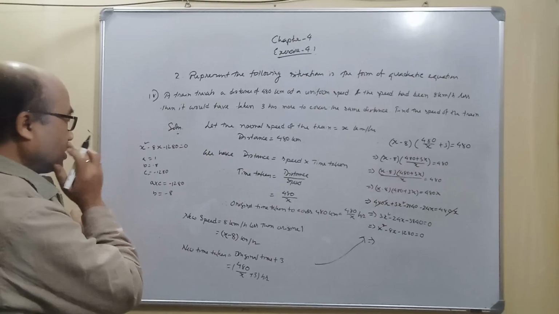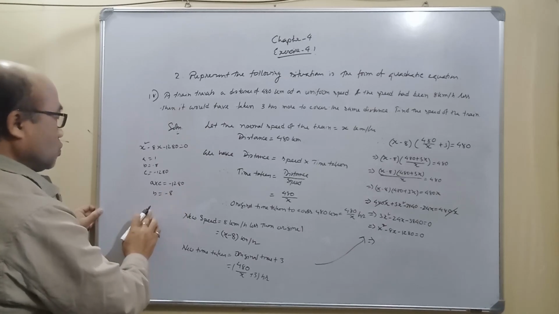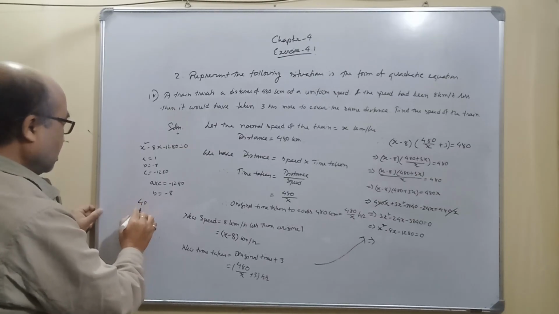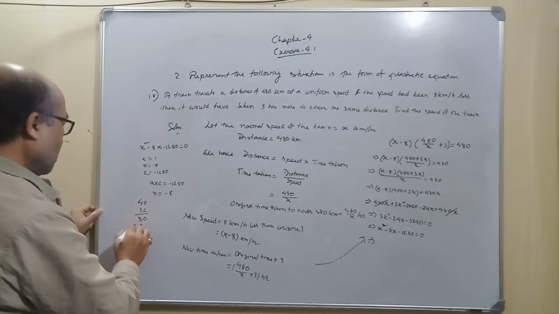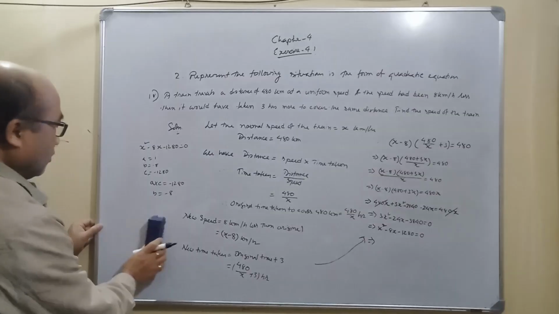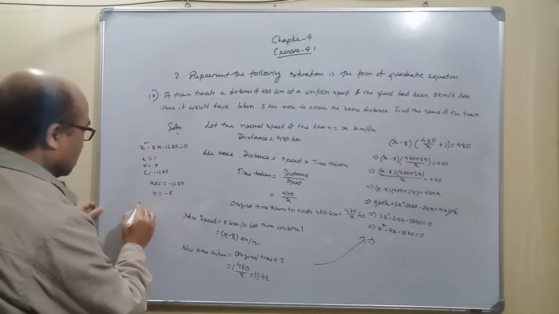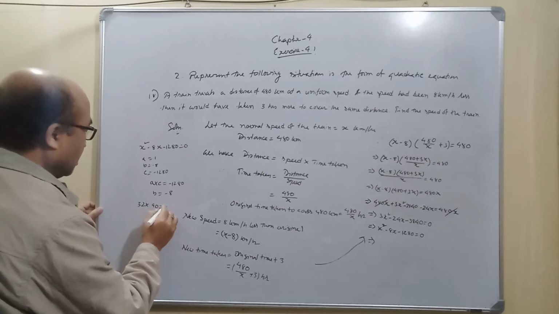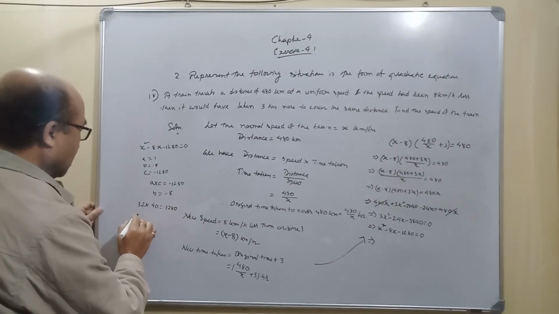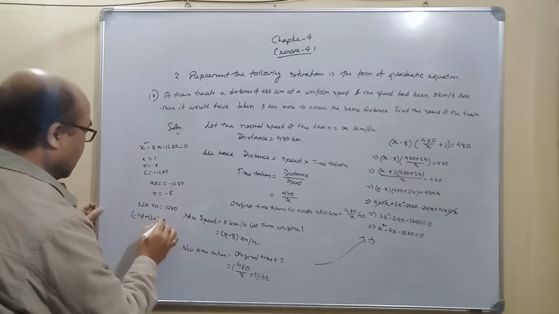So we have two numbers, 32 and 40. 32 into 40 is 1280, and minus 40 plus 32 is minus 8.